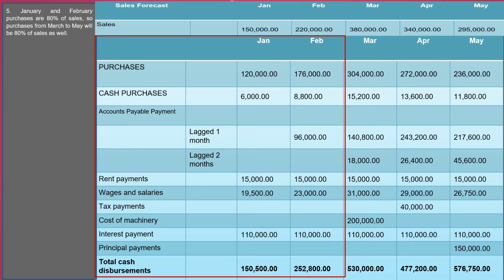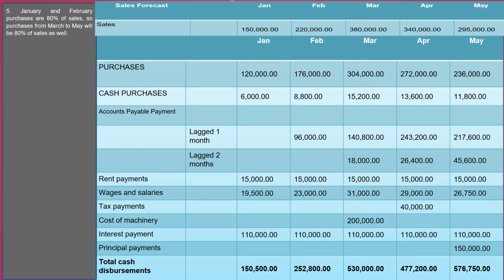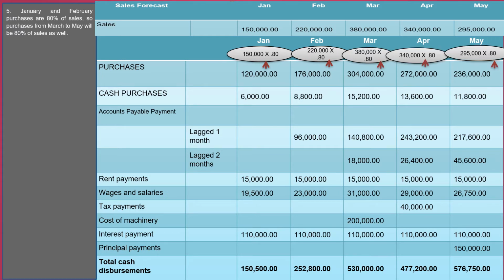So we have to go back to our cash receipt schedule to get the figure of sales. For January, 150,000, then 80% of 150,000 is 120,000. The same goes for February, March, April, and May.